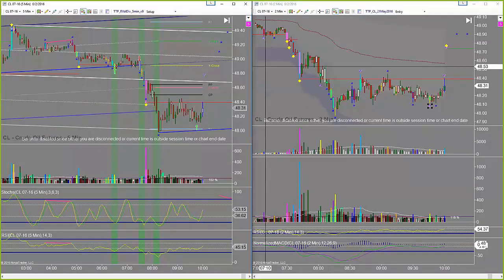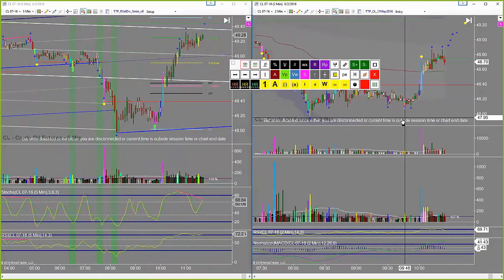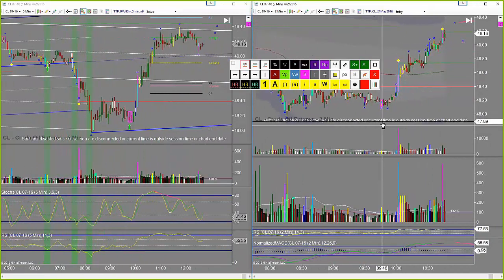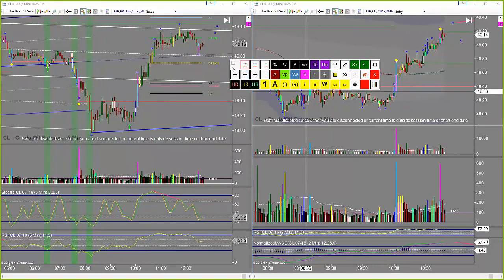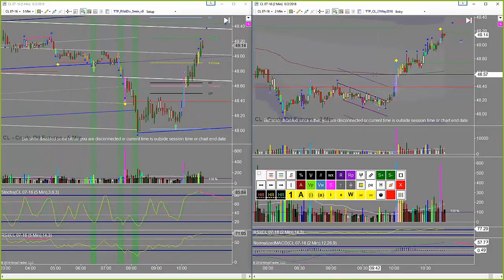And you can click on that S again and then highlight that bar and center it, and then do whatever you want to do. Line it up.